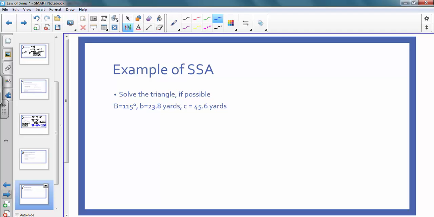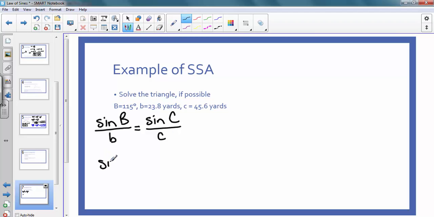So now we're going to look at an example of side side angle. We have to solve the triangle, if at all possible, because we could have no solutions, where our angle B is 115 degrees, the side length B is 23.8 yards, and the side length C is 45.6 yards. So here, using the law of sines, we get the sine of angle B over the length of side B equals the sine of angle C over the length of little c.